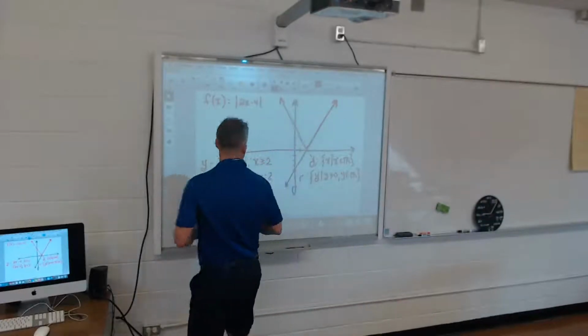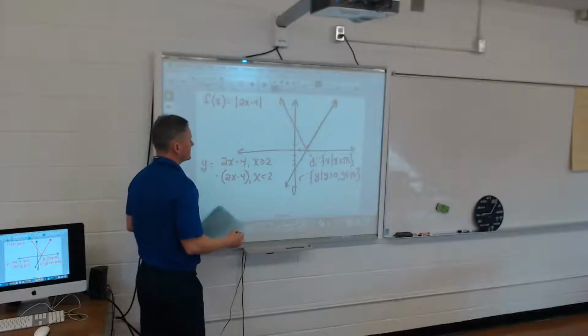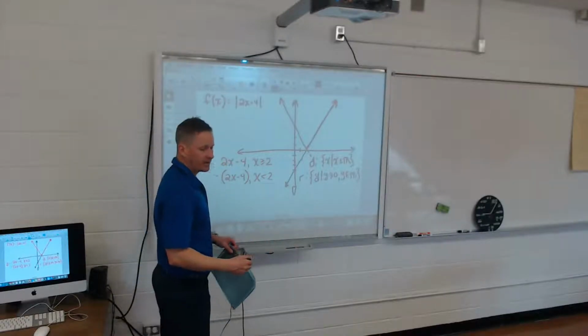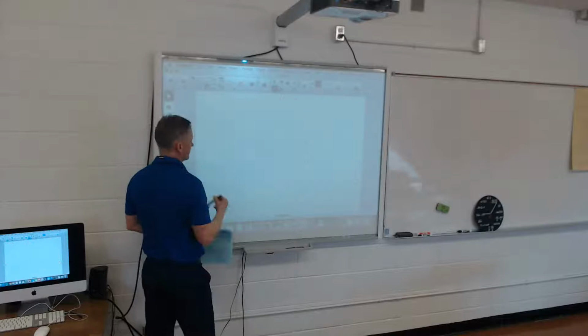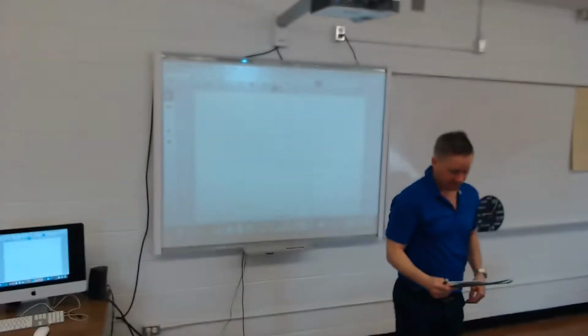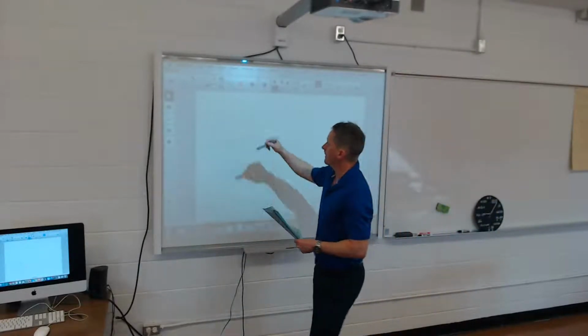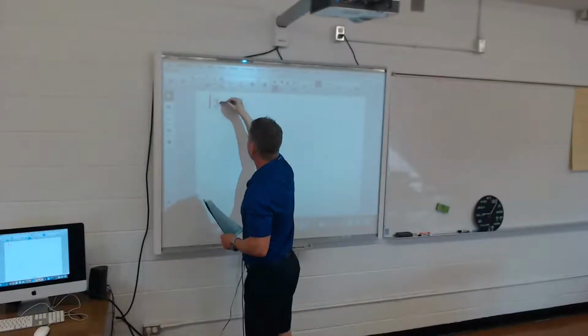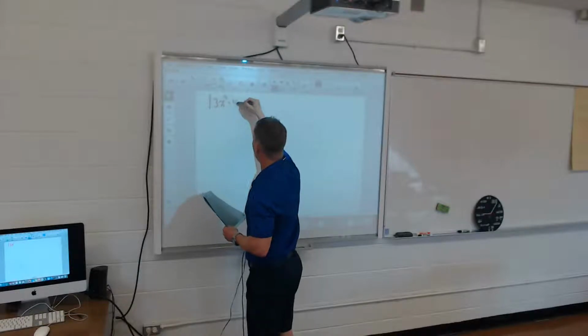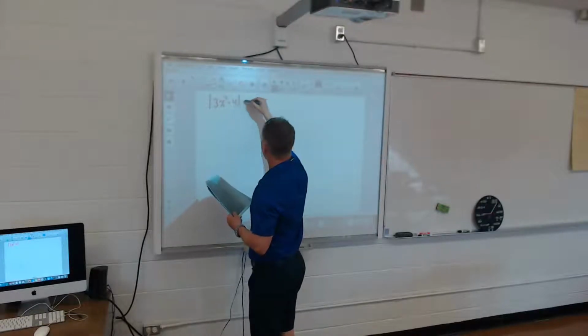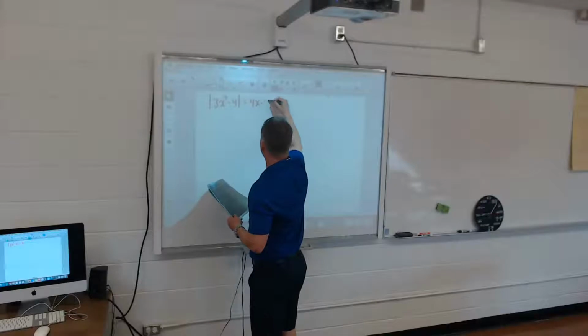All right, so that's the absolute value of a line. Number 7 says solve algebraically. So I have the absolute value of 3x squared minus 4 equals 4x minus 2.